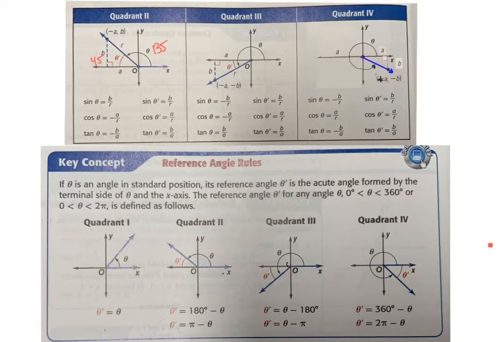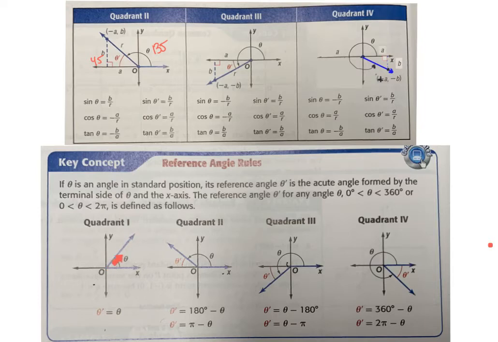And so as long as you can figure out what quadrant this ends in, then you can use its reference angles to help you. And so here's where it's talking about your quadrants down here. The first quadrant, positive, positive. Second quadrant is going to be negative, positive. Third, negative, negative. Fourth, positive, negative. And what you do is you look to the closest x-axis to determine what the reference angle is.